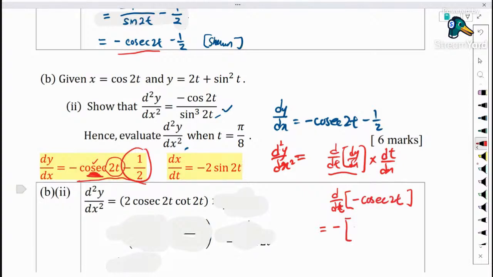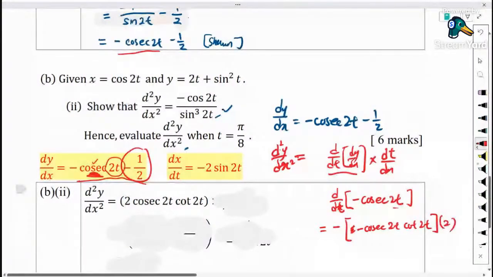Differentiate cosecant, and I will have negative cosecant 2t multiplied with cotangent 2t, and then differentiate the angle, multiply 2. Negative, negative, simplify, becomes positive, multiply the 2 in front. This is the result. Then don't forget to multiply by 1 over dx/dt. So there goes the result.